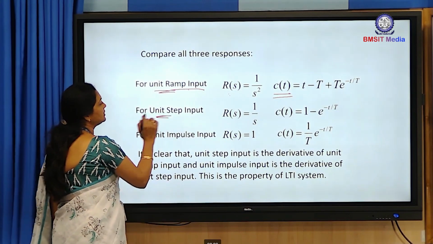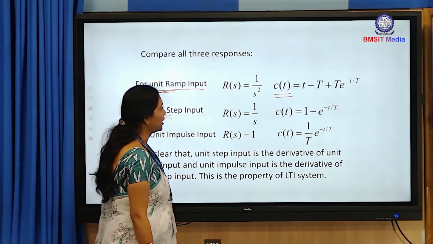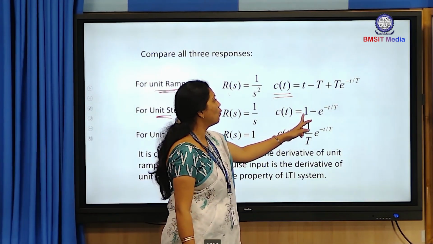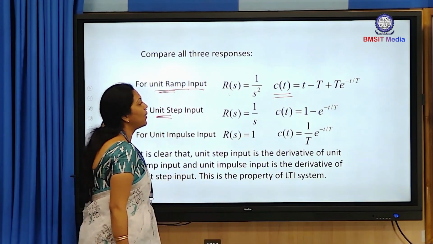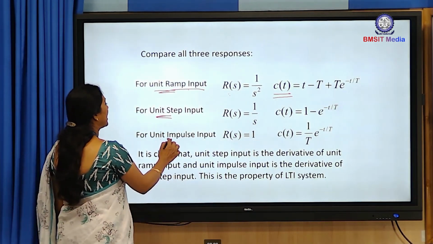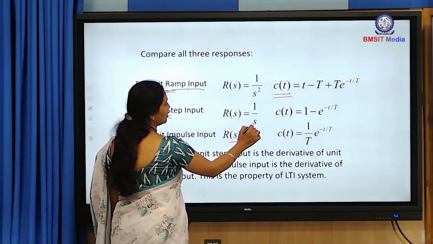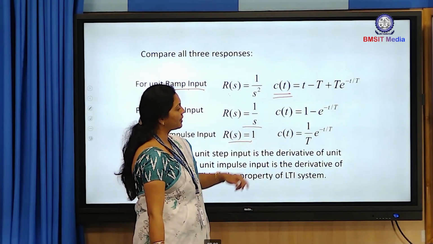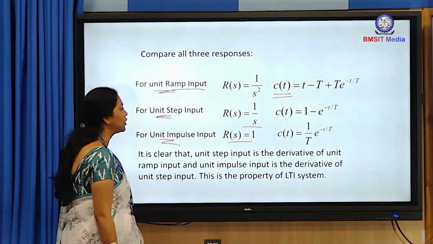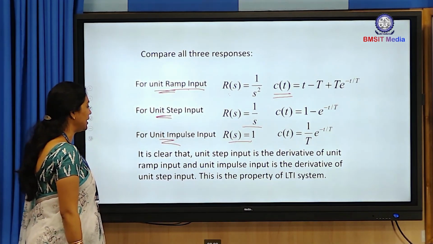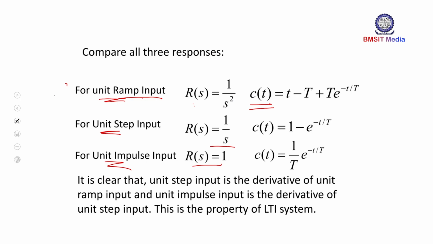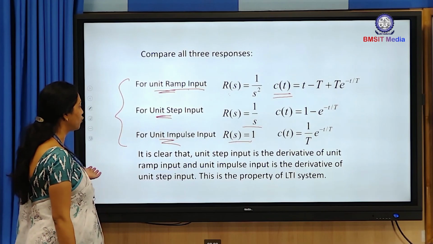And when I considered the unit step input, what was c of t equal to? 1 minus e to the power of minus t divided by t. When I consider the unit impulse response, my r of s was equivalent to 1. And what will be my c of t? 1 by t into e to the power of minus t divided by t. Now, observing all these three, what can we prove that?